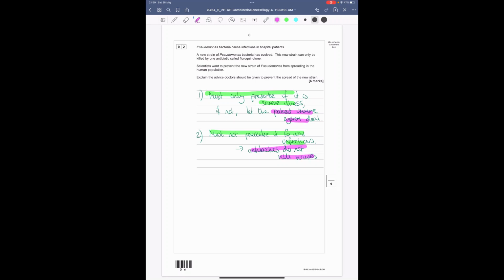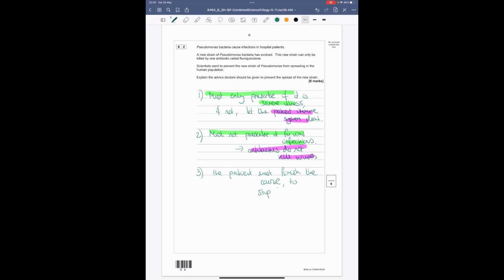suggestion why. The final one that we can say is that if the doctor does prescribe it, the patient must finish the course because there's a greater chance of the bacteria mutating if the pathogen is allowed to be exposed to the antibiotic but is then not fully killed by it.